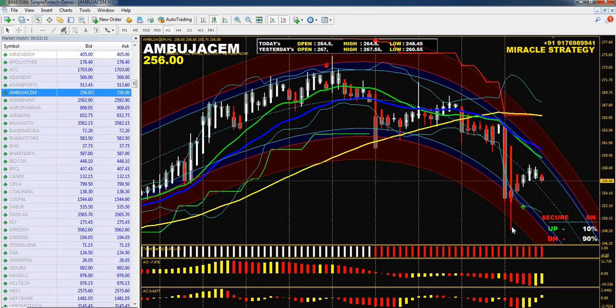And now we see, suppose this sell entry we got on 11 January, and today is 18 January, and on 18 January it has touched this level. You can see on the top also the low made was 248.45.